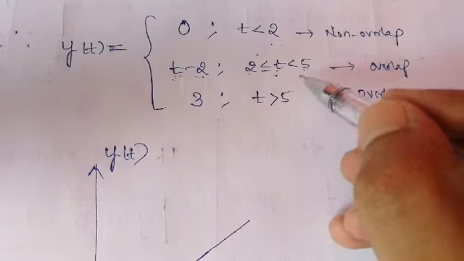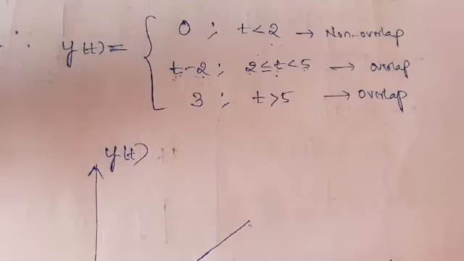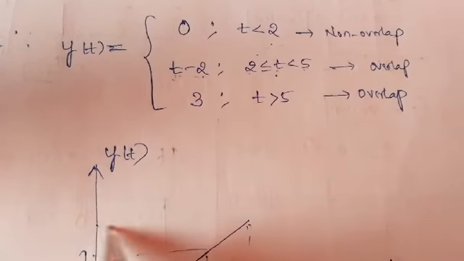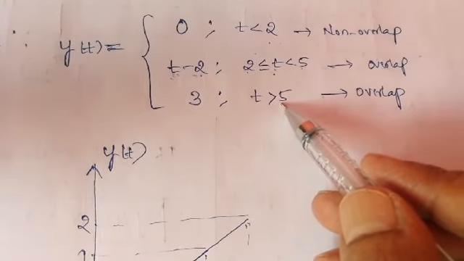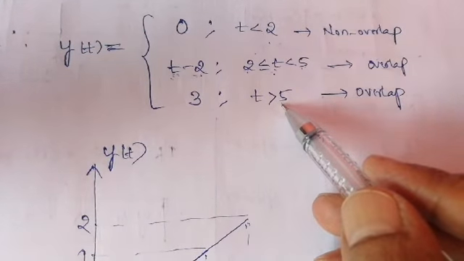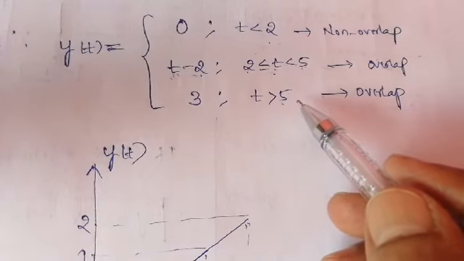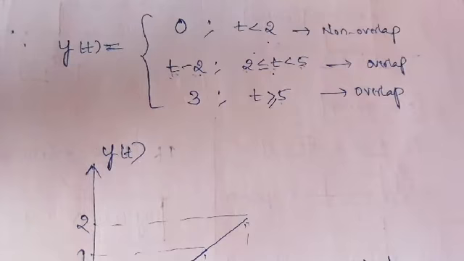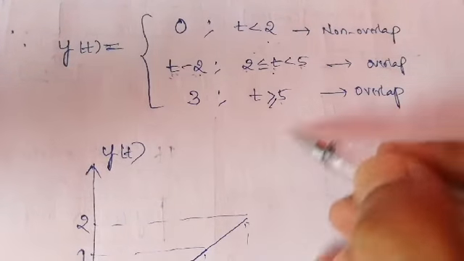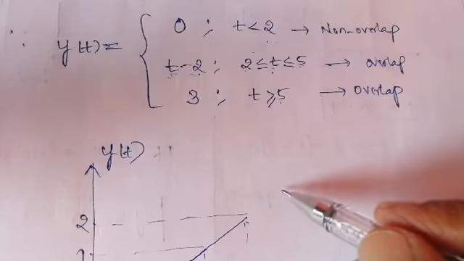Next, t equal to 5, less than 5 is there. Okay, this is completed. So what we got? Here we got 1, here we got 2. Next, t greater than or equal to 5. What happens at 5?